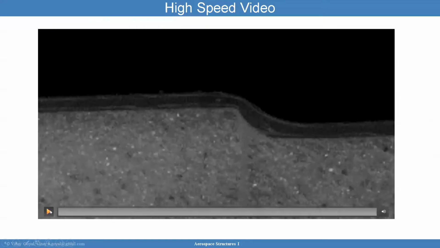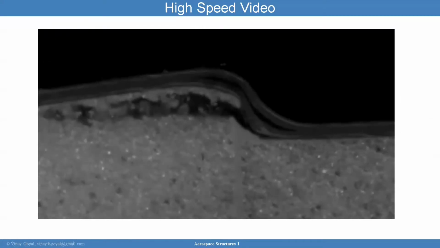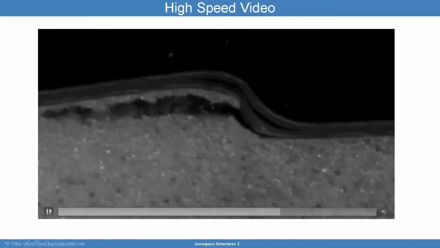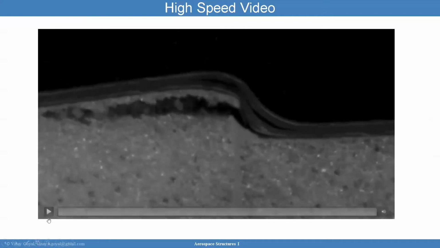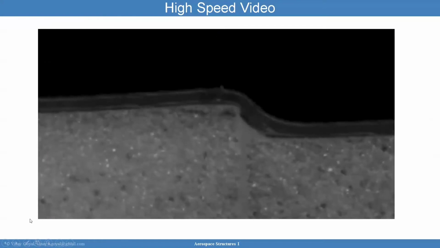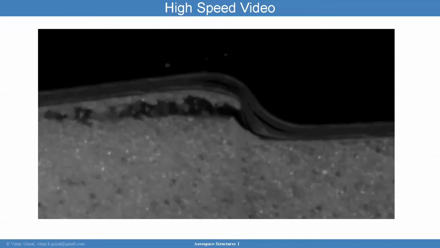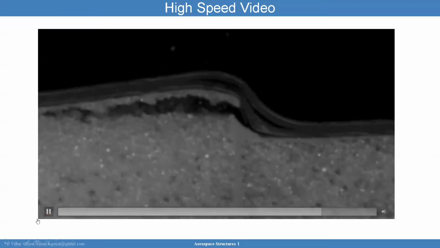Basically, they not only had high-speed video, but they had digital image correlation, which gives you a strain field for the whole part. This was a cylinder, and you could see the dome was rotating. Here you can actually see a delamination form. So when does the delamination form? Boom, right at the beginning.